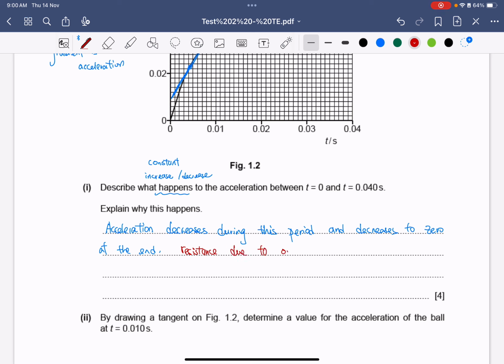This is really just go back to your learning journal. This increases as speed increases. So that eventually resistance due to oil equals to the weight.